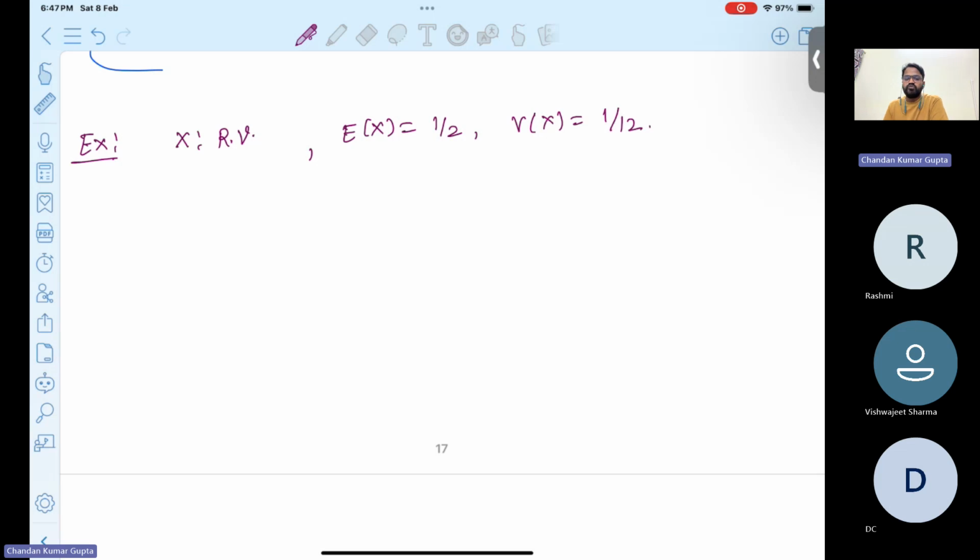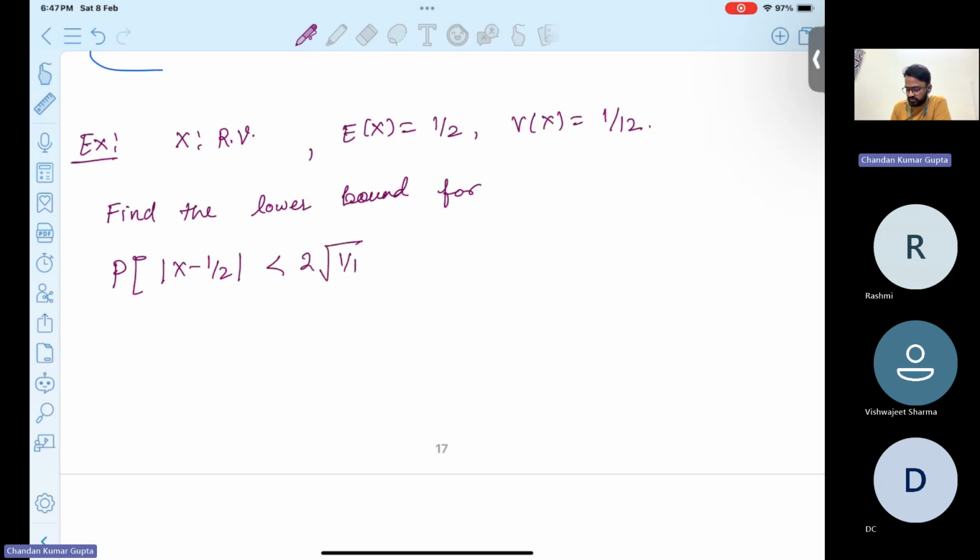Now the question is to find the lower bound for the probability that the modulus of X minus half is less than twice of 1 by 12, using Chebyshev's inequality.